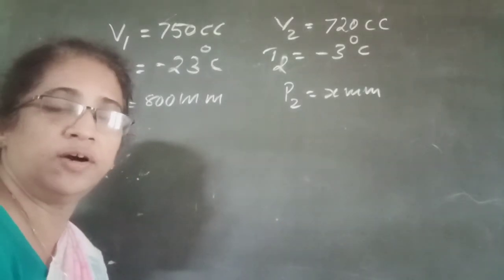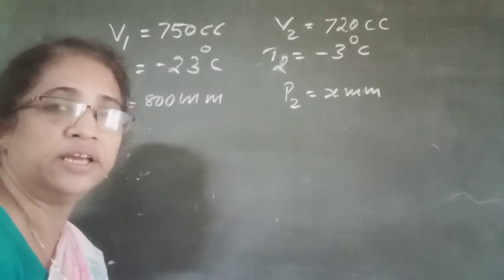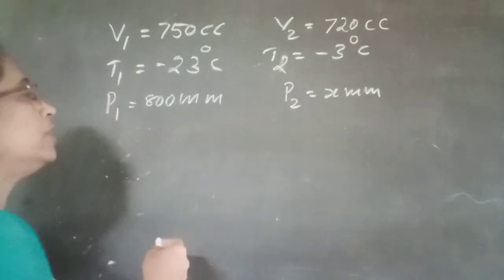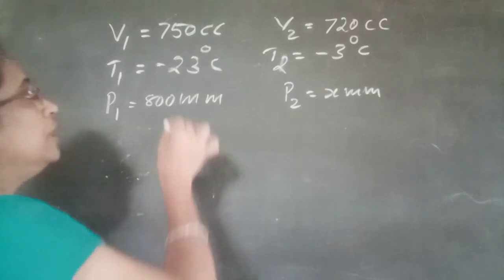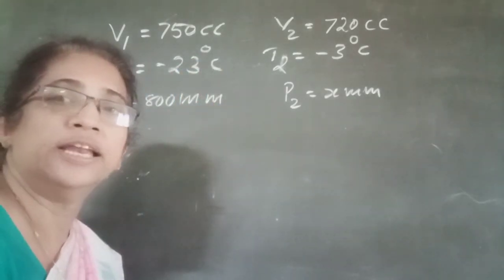In this question, all the three parameters are given. Therefore, we can use the gas equation. Before substituting the values, you have to change the temperature in degree Celsius to Kelvin scale.